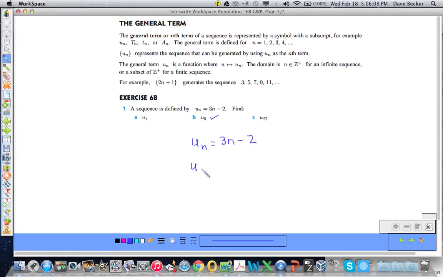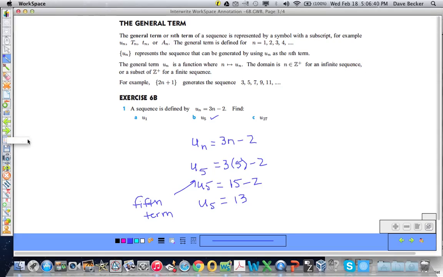So then u sub 5, which is the fifth term, we're finding the fifth term in this number sequence, would equal 3 times 5 minus 2. It's just like evaluating a function for a particular value. So this would be 15 minus 2, which is 13. So u sub 5, the fifth term, is equal to 13.